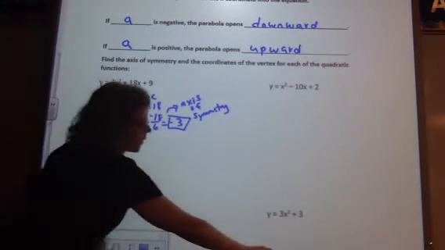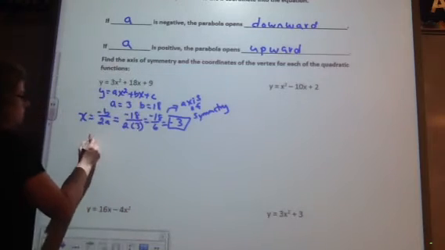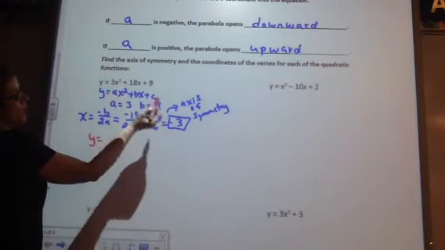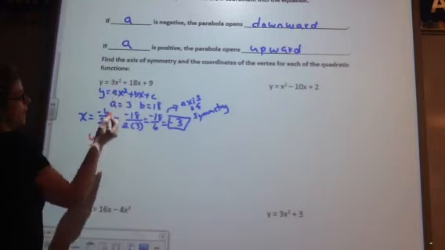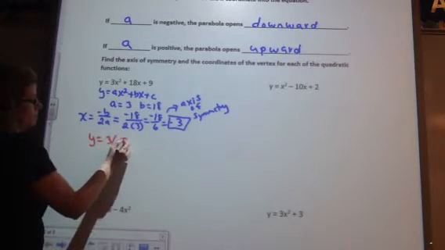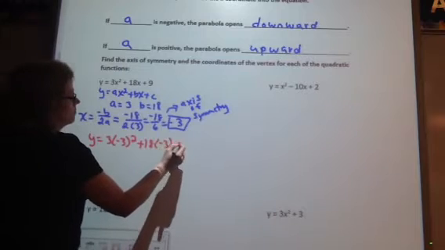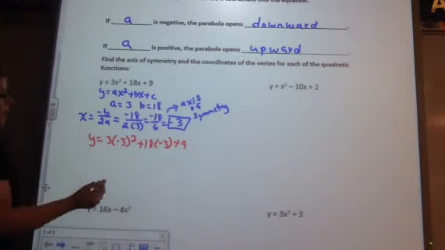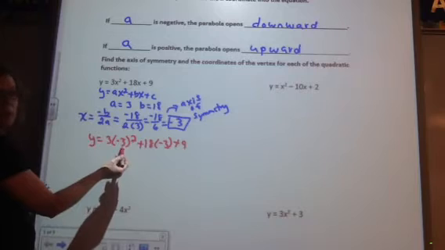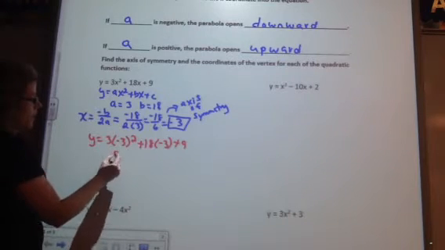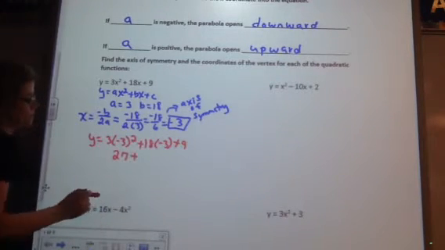All right, now to find the y-coordinate, with our equation here, we substitute negative 3 in for x. Okay, so negative 3 times negative 3 is positive 9. Positive 9 times 3 is 27.